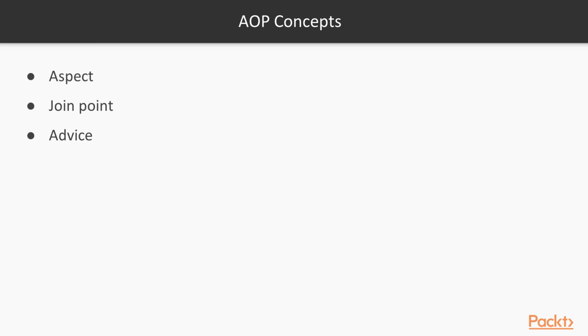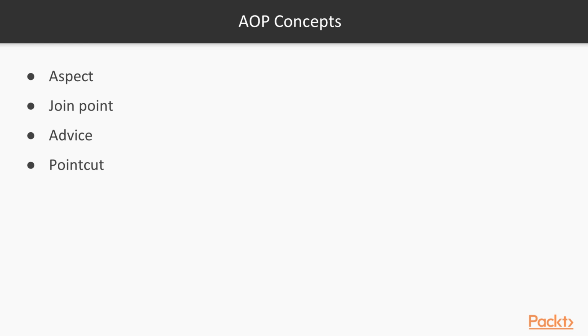Advice is another concept of AOP, which is an action taken by an aspect at a particular join point. Many AOP frameworks, including Spring, model an advice as an interceptor, maintaining a chain of interceptors around the join point. Next concept of AOP is a pointcut, which is a predicate that matches join points.